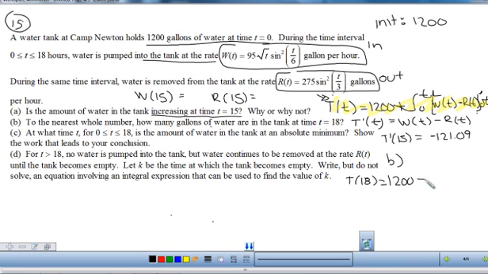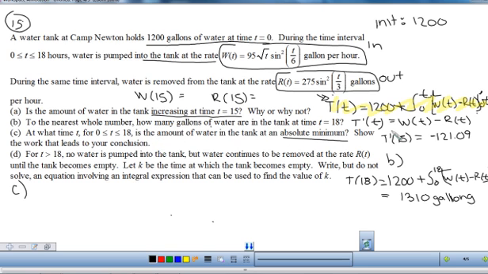So it's 1200 plus the integral from 0 to 18 of W(t) minus R(t), and that is 1,310 gallons.